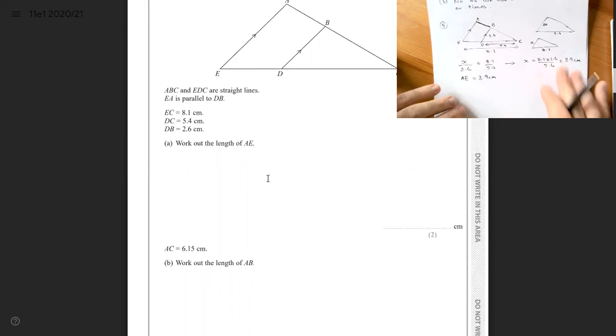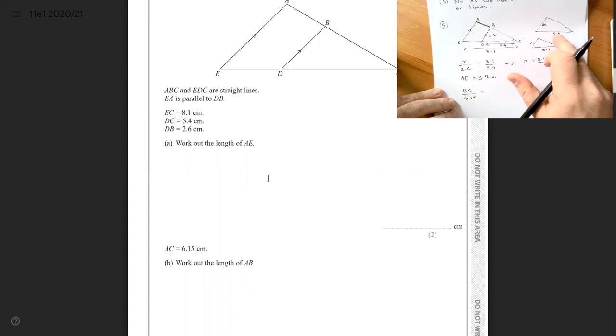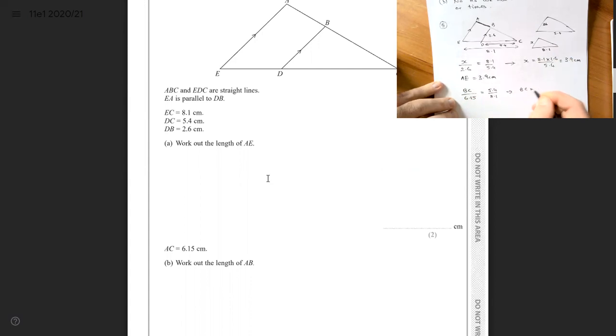So again, BC over AC, it says AC is 6.15, will be equal to 5.4 over 8.1 this time, because I'm going small triangle to big triangle. So BC equals 5.4 times 6.15 over 8.1. 5.4 times 6.15 divided by 8.1 equals 4.1 centimeters.